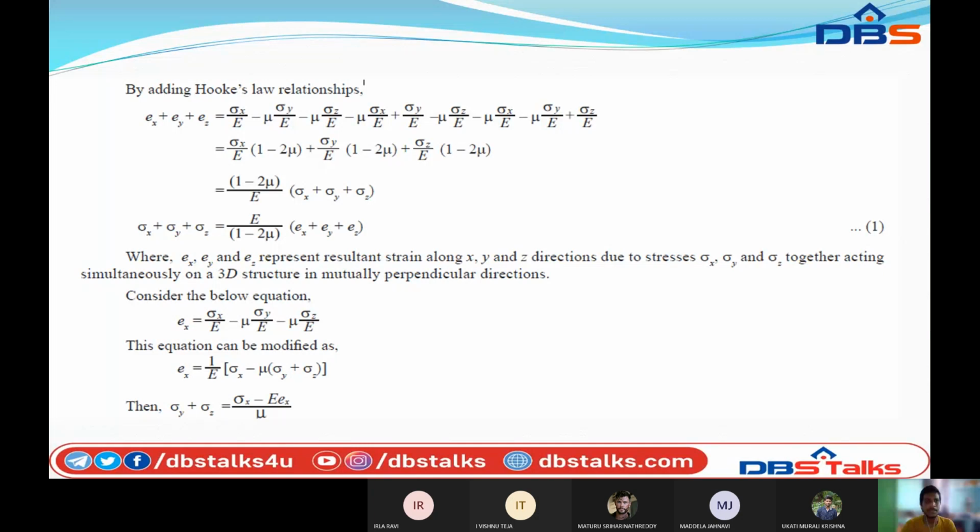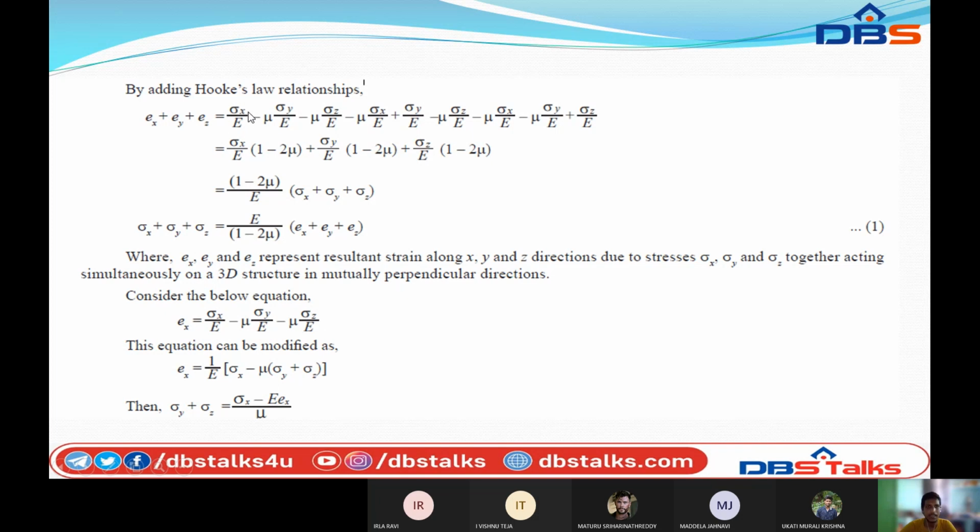After taking sigma x by E as common, the remaining terms in the equation will be 1 minus 2 mu. Mu is in all equations, so it is 1 minus 2 mu.